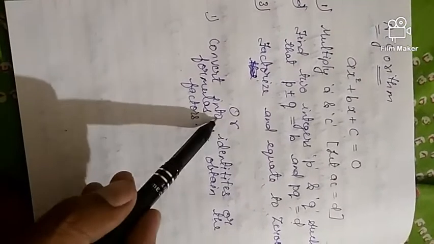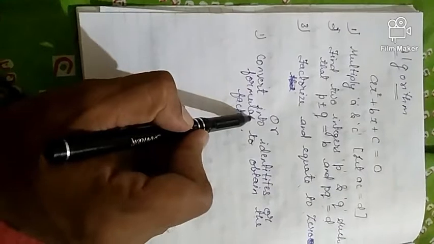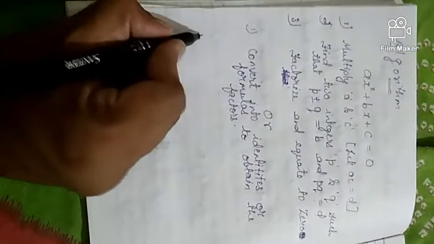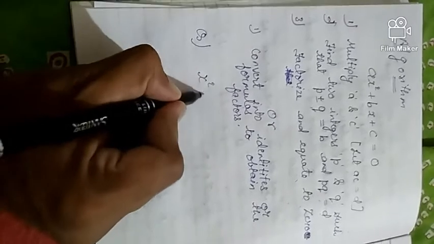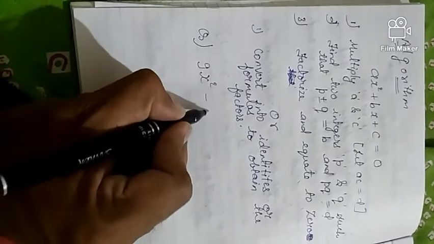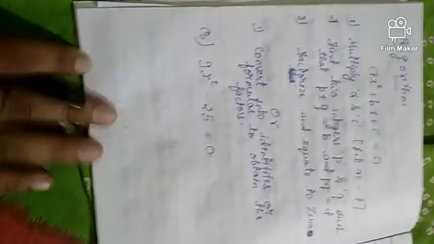There is one more method. Just convert into identities or formulas to obtain the factors. Okay, first we will see the type of question that uses this algorithm. Suppose I have a question, 9x square minus 25 is equal to 0.